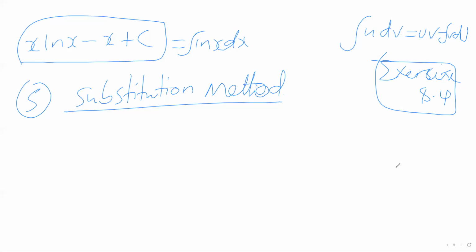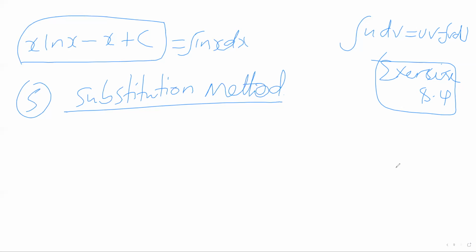The idea behind the substitution method is that you've been given a function in terms of x, and you have to integrate it with respect to x. But you realize that it's not easy to integrate that function as it is in terms of x.